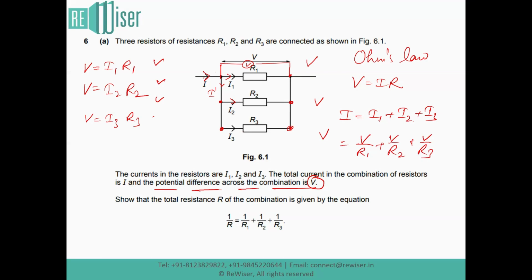Now, consider that there is an equivalent resistance R. For example, think that there is a source here, say a battery, with the positive terminal and the negative terminal this way.